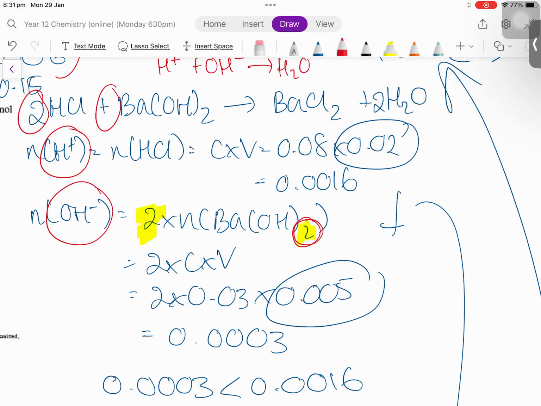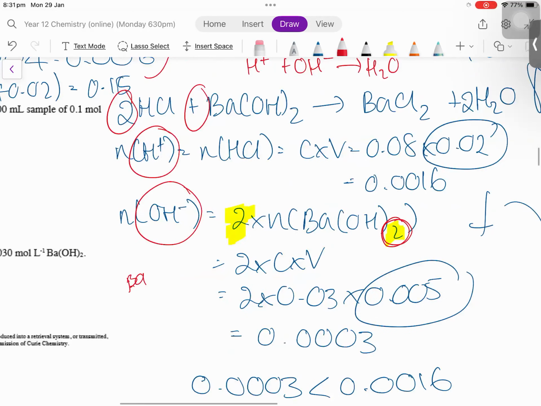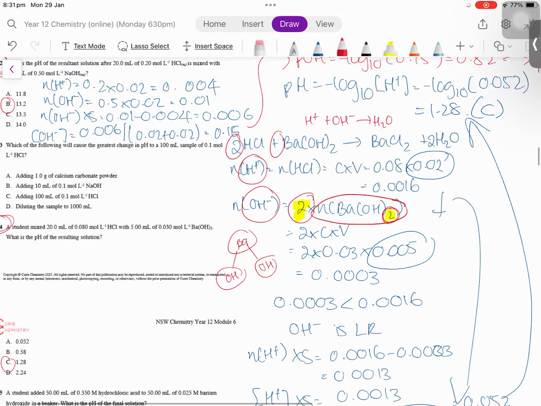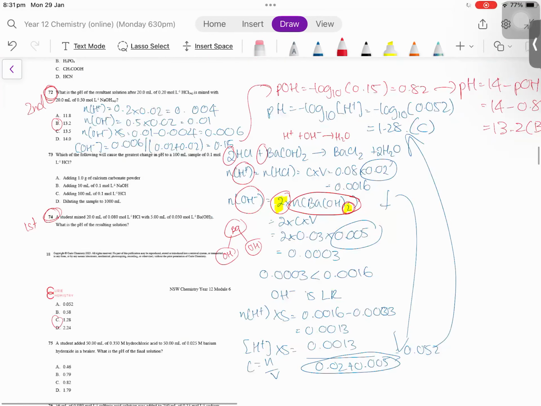It means that if I have 1 mole of Ba(OH)2, there are 2 moles of OH minus inside of that. So if I get the moles of Ba(OH)2, I have to times that by 2 to get the moles of OH minus. So that's just ratios looking at the formula.